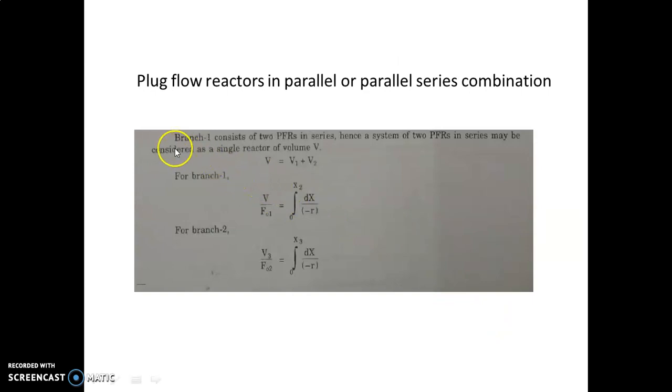Branch 1 consists of 2 plug flow reactors in series.